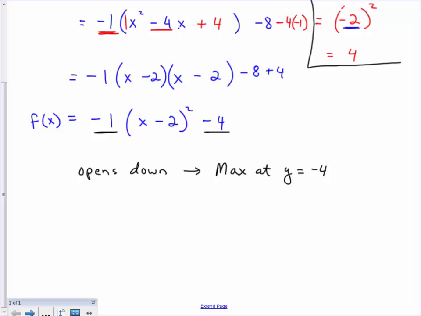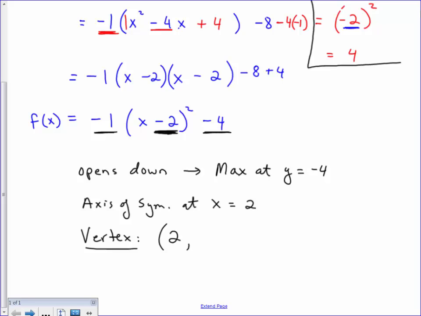Alright, from here I also know that I would have an axis of symmetry at x equals this value here. And it actually needs to be the opposite of that value, so it would be x equals 2. And then I know that my vertex is the ordered pair. Take the opposite here, +2, keep the sign here, that would be -4.